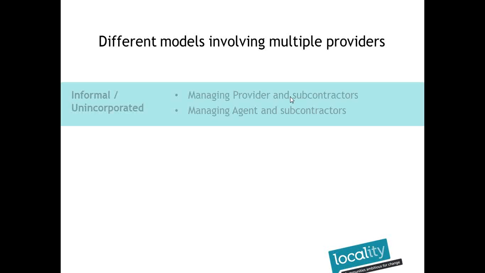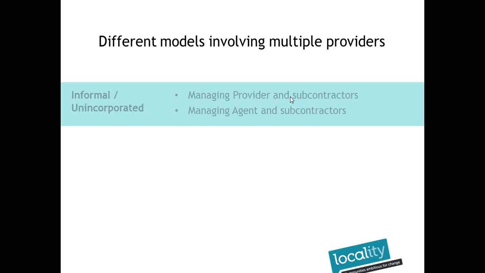But broadly speaking, an informal consortium model, an unincorporated consortium model, is one option where you may either have a managing provider and subcontractors, so that's where one of the partners provides some of the service delivery but also does the contract management, and then subcontracts the work out to subcontractors.